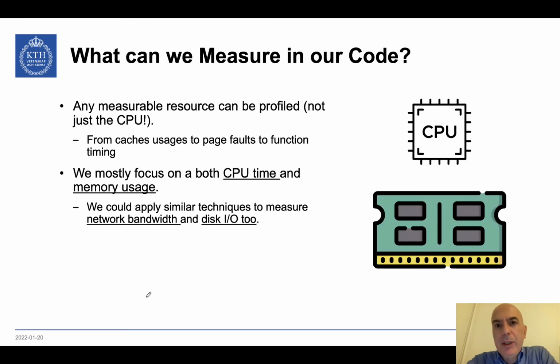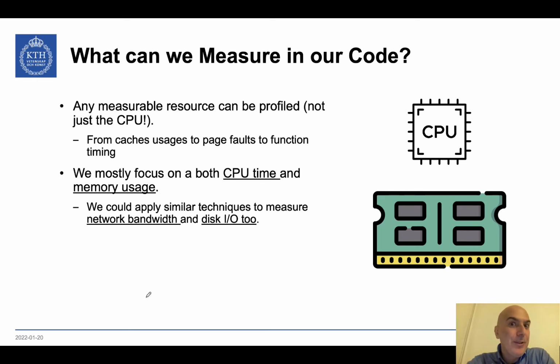What can we measure in our code using profilers and timers? Well, it turns out that we can measure pretty much anything. Any measurable resource can be profiled, not just the CPU. We can of course profile the performance of the CPU, for instance, execution time.